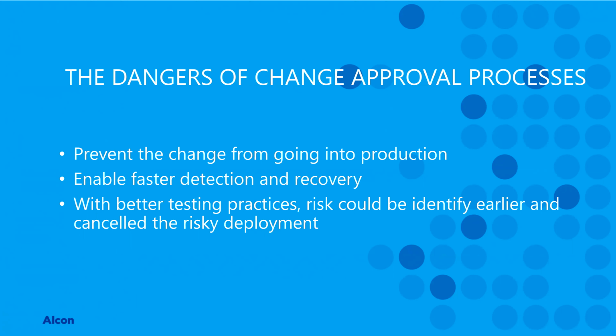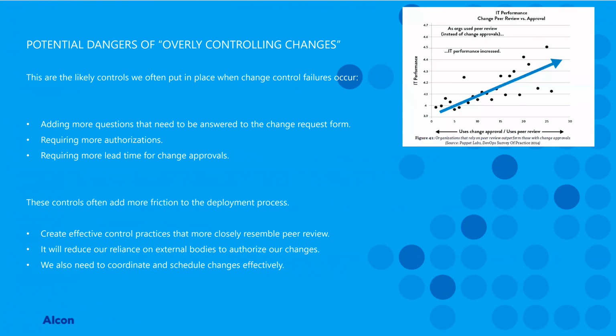Second, enable faster detection and recovery by giving engineers the ability to deploy things ahead of time so we don't have to wait so much, so they can get testing. And third, with better testing practices, the risk can be identified earlier, and we can cancel any risky deployments if we know something's going to cause a problem. We can cancel it way before it goes in. We can get this to where the developers can be in the testing.